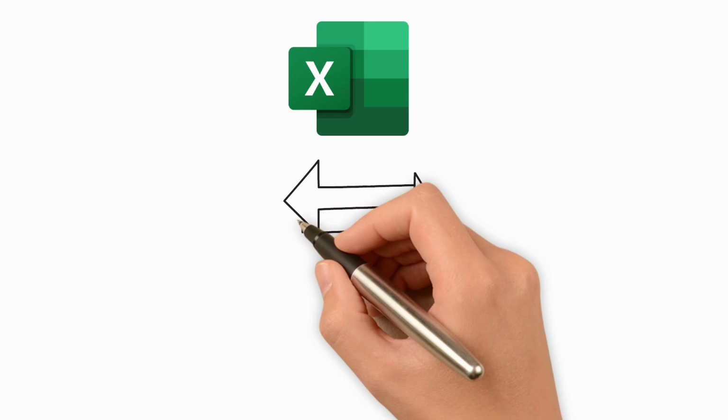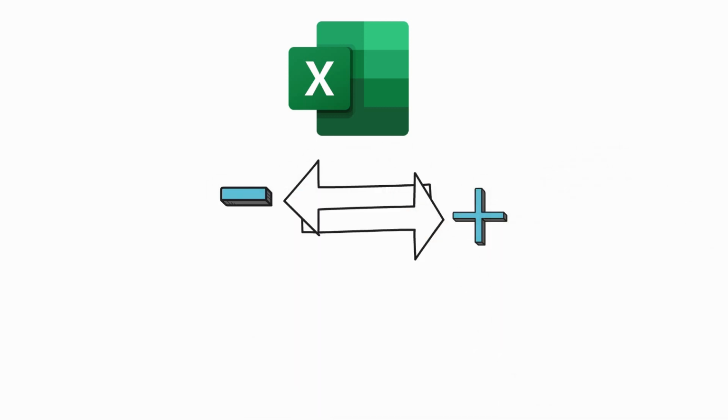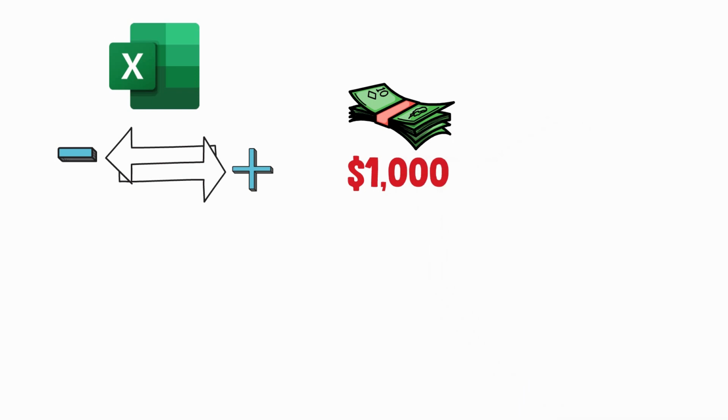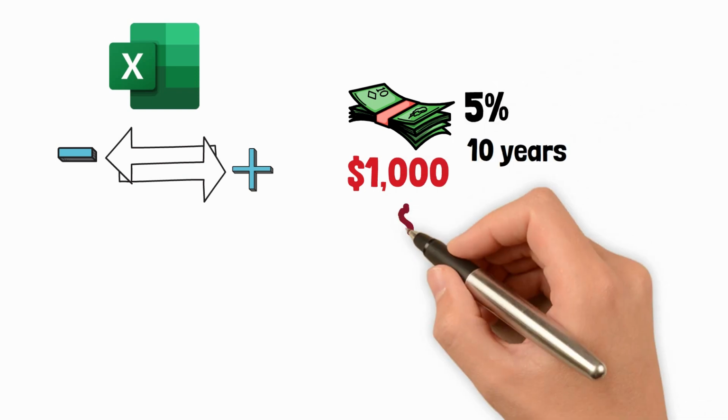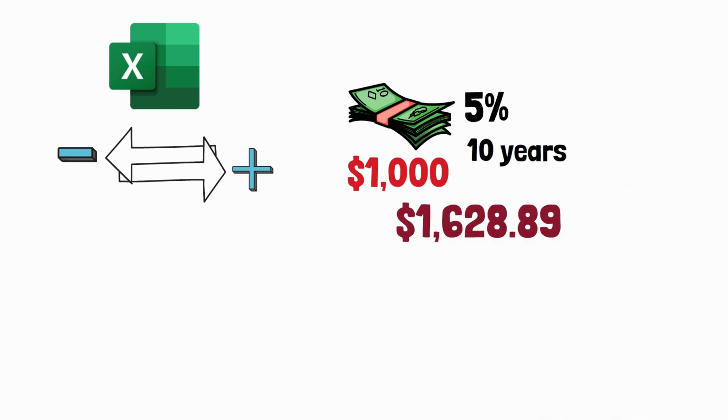Note that when using Excel, you can't always just use positive numbers. Money going in one direction must be negative and the other direction positive, to indicate that the money is flowing in opposite directions. For example, if you contribute $1,000 and it grows at 5% per year for 10 years, the future value will be $1,628.89.